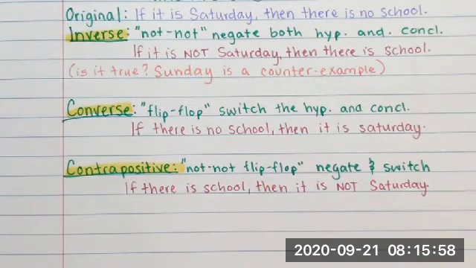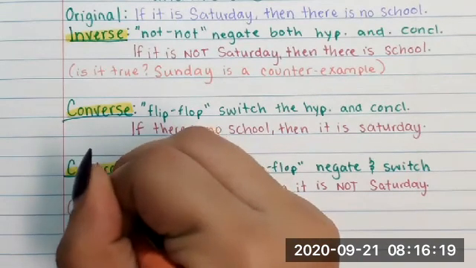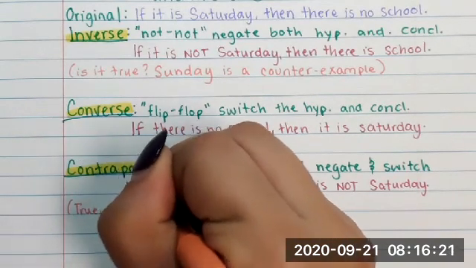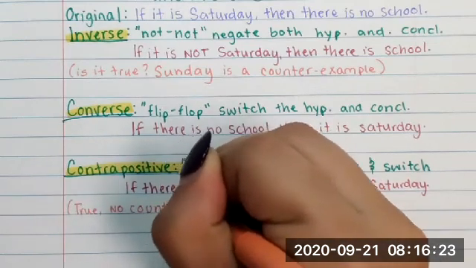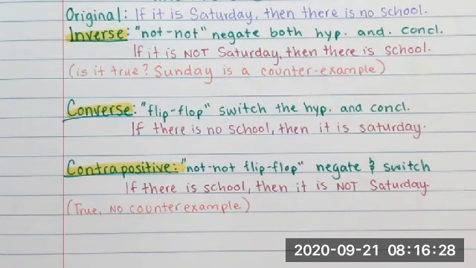Monday through Friday are days where there is school, and it's not Saturday. So I can't think of any counterexamples for this. I mean, if I'm at school, it's got to be Monday, Tuesday, Wednesday, Thursday, or Friday. Saturday and Sunday, I'm at home. So I'm just going to make a note. We found no counterexamples, so that statement is true.